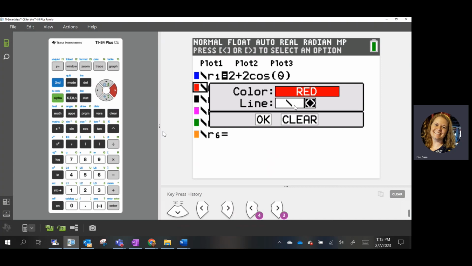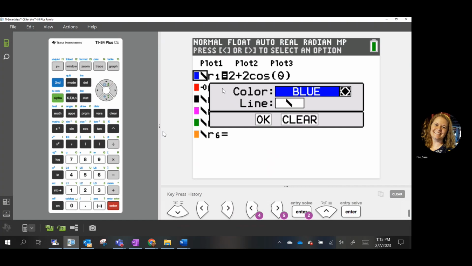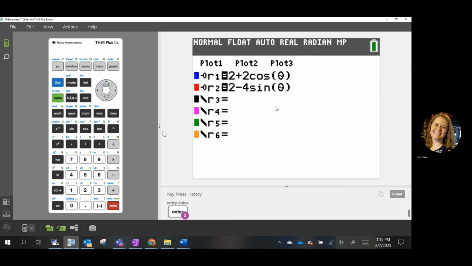I want you to change it to this symbol right here. We're going to do that for both equations. So this is what your Y equals screen should look like.